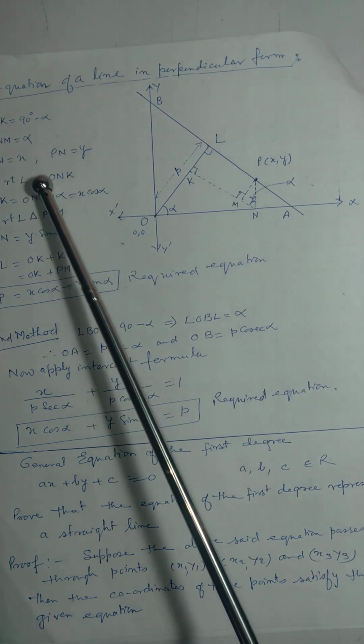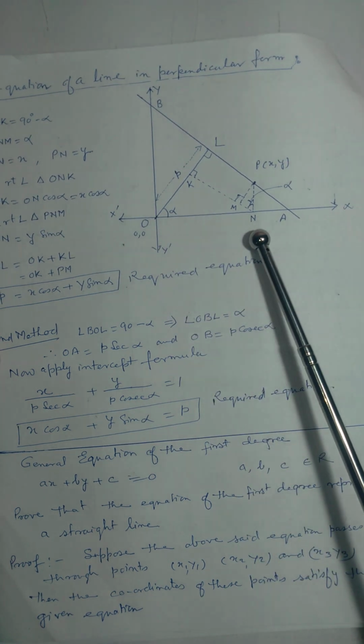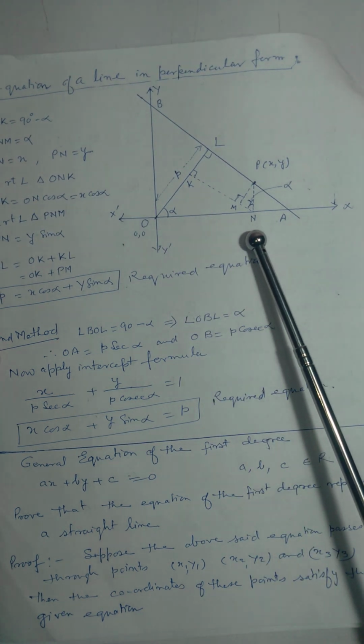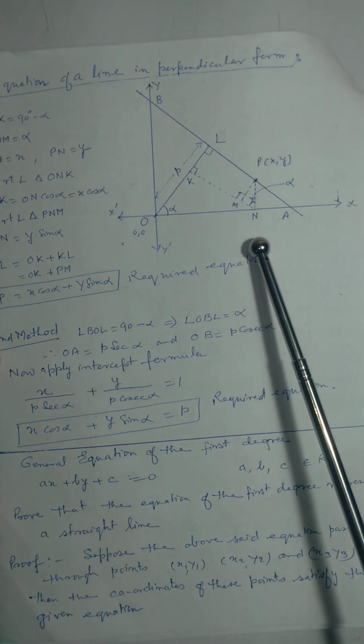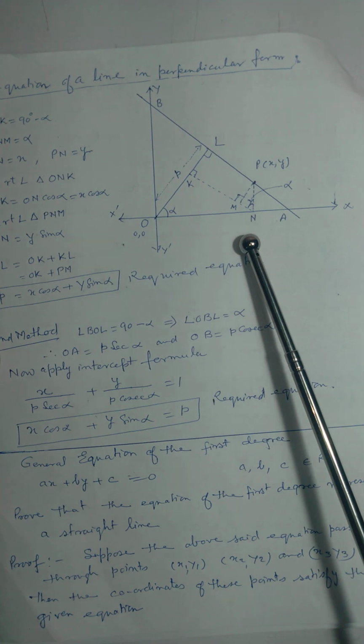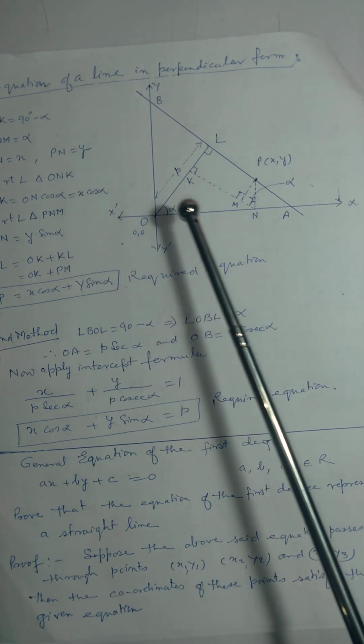Here you see angle OLK is equal to 90 minus alpha.